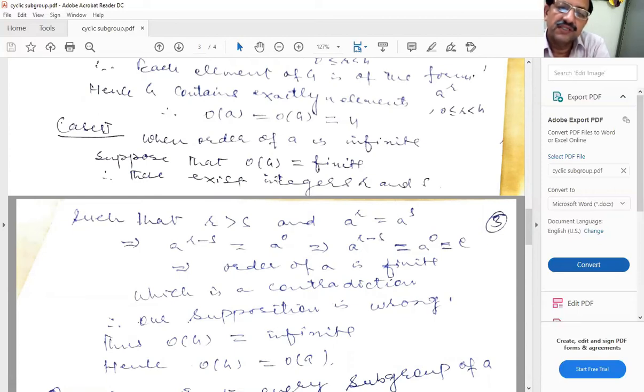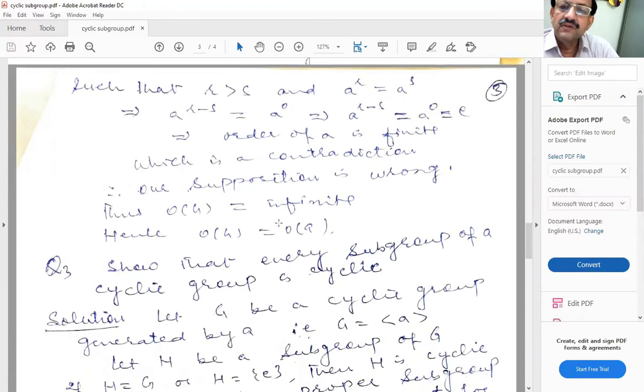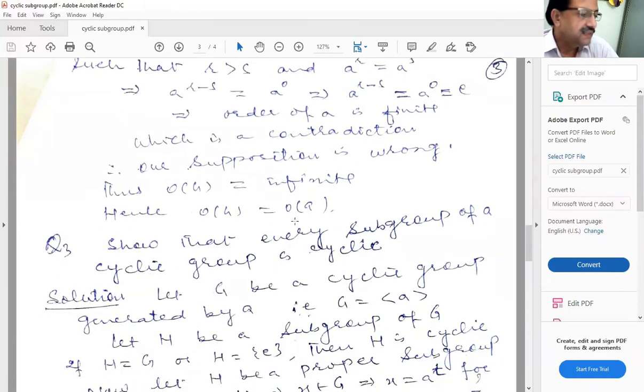Therefore, our supposition is wrong. Thus, the order of G is infinite, as the order of G is equal to the order of a.